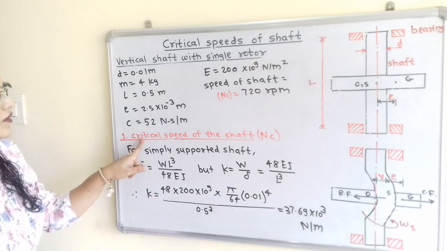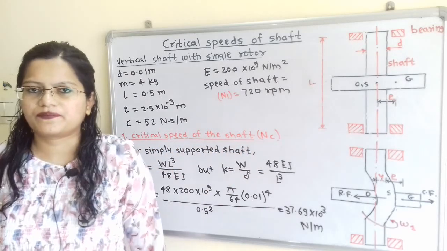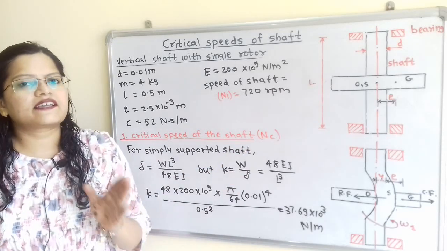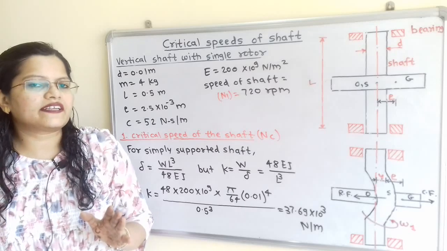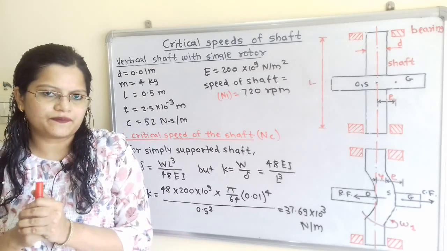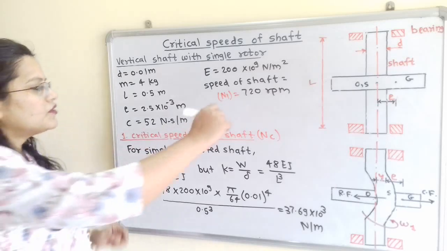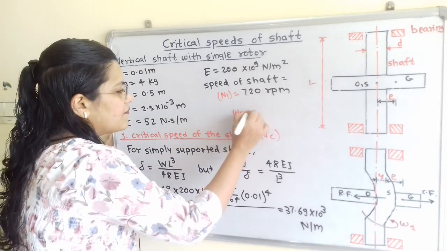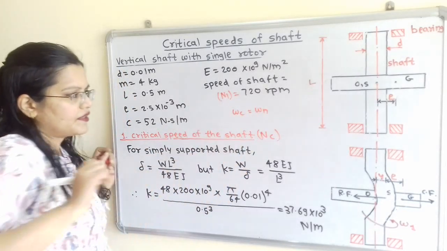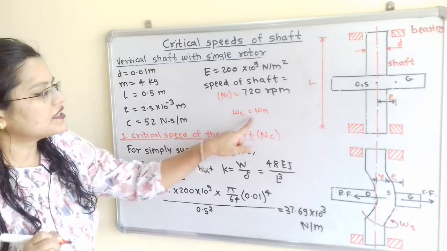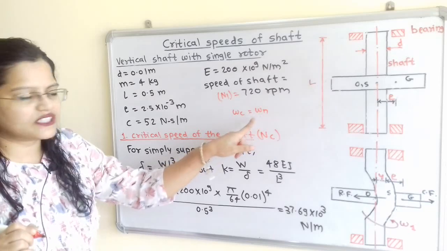We have to find out the critical speed of the shaft, that is NC. We know that at critical speed the shaft rotates at its natural frequency. So we have to first find out omega C. Omega C is equal to omega N, because at critical speed the shaft rotates at its natural frequency.